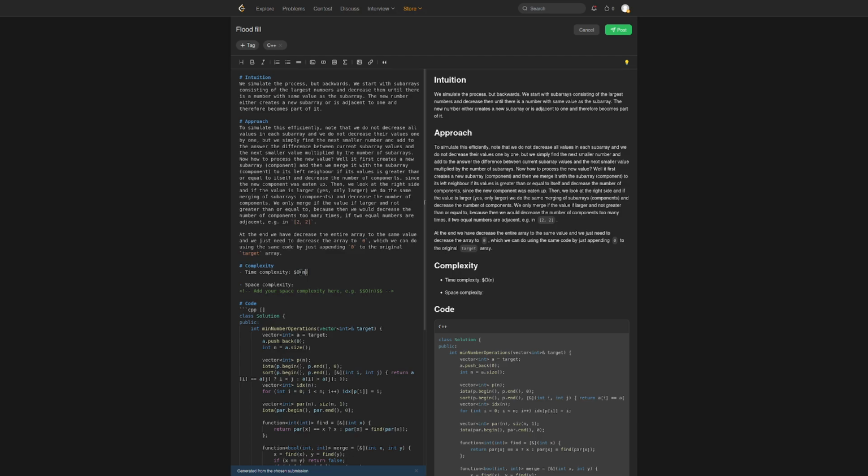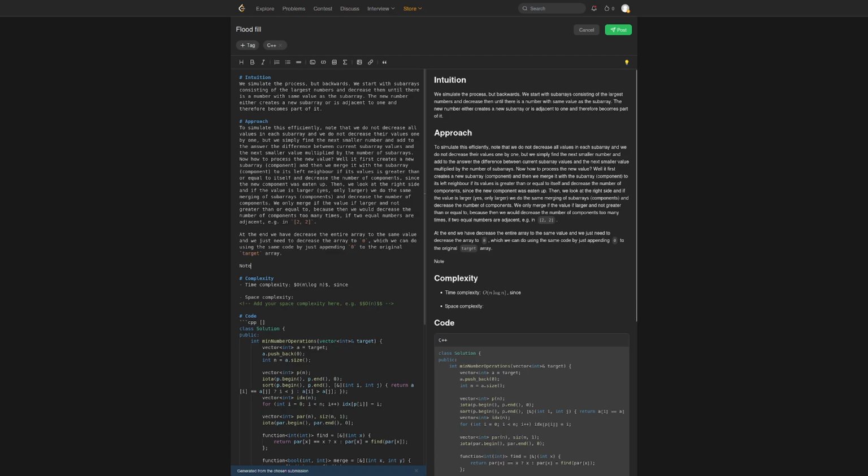Complexities, and log n. Note that we first merge all positions with the same values before moving on.